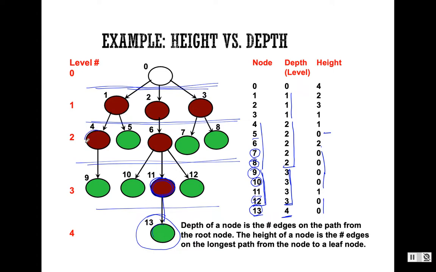Node 4 also has height 1, and node 3 also has height 1. For node 1, the distance to leaf node 5 is 1, but the longest distance from the node to a leaf node is 2. So node 1 has height 2.